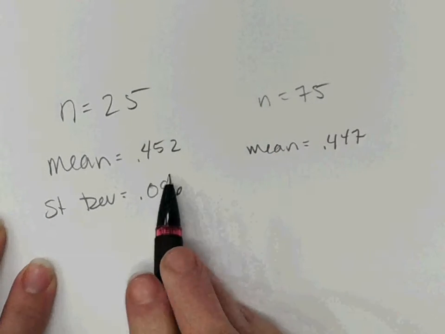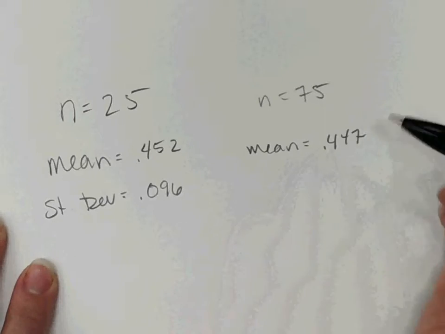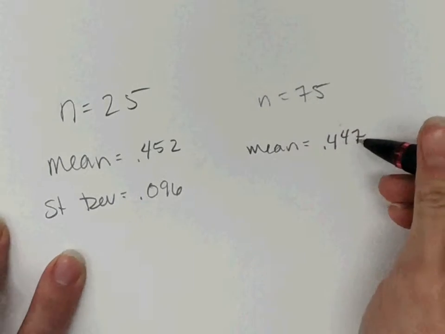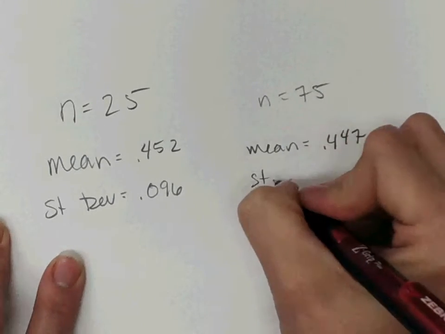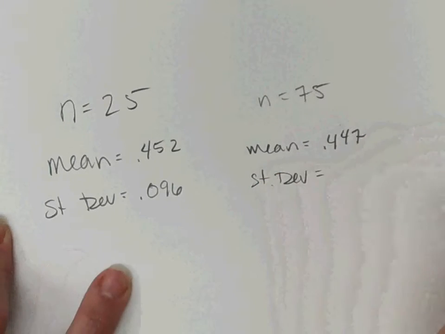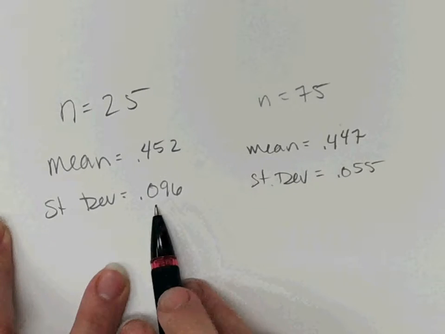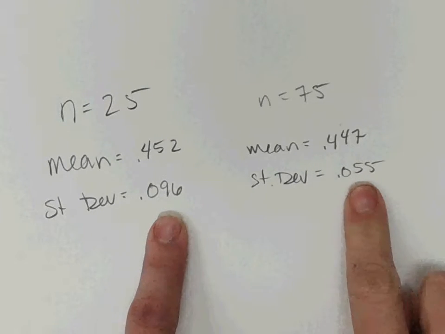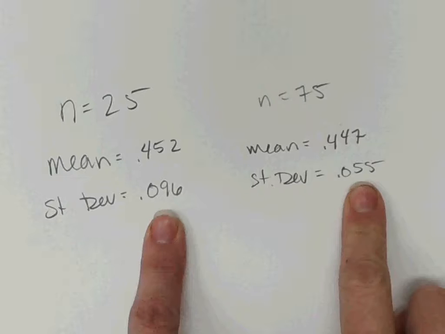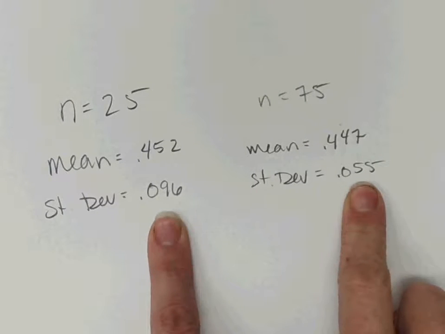0.447, which those are pretty darn similar. They both round to 0.45. They're very close to being the same. But my standard deviation this time was now 0.055. My standard deviation has gone down almost by half, not quite, but almost been cut in half.